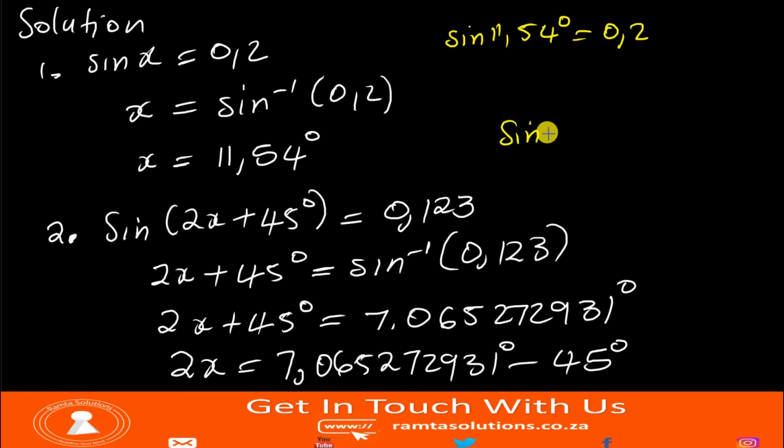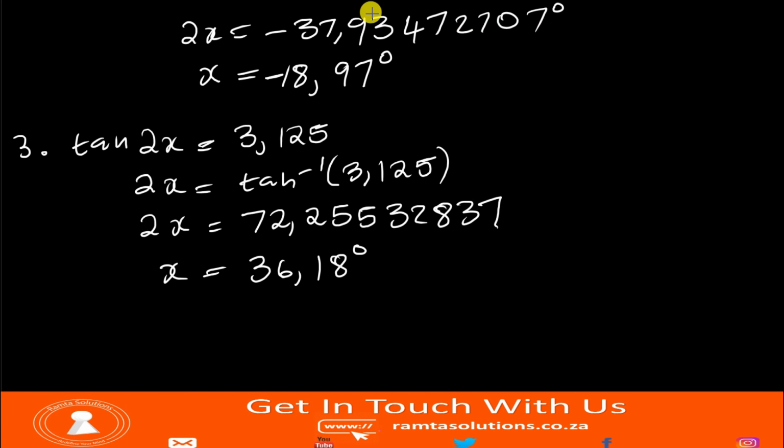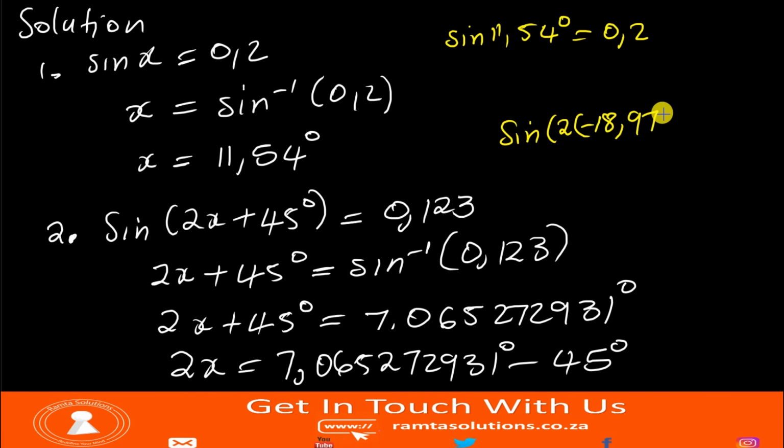So sine 2 into negative 18.97 degrees, of course, plus 45 degrees. What do you get? Indeed, you get 0.123. You guys see that?